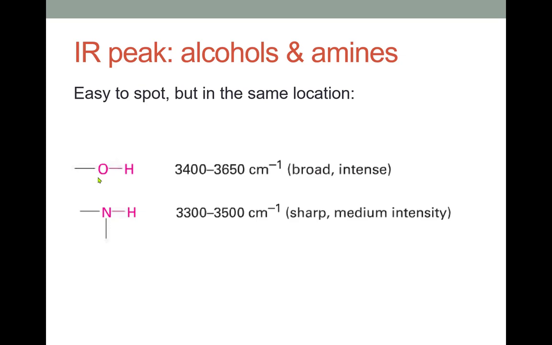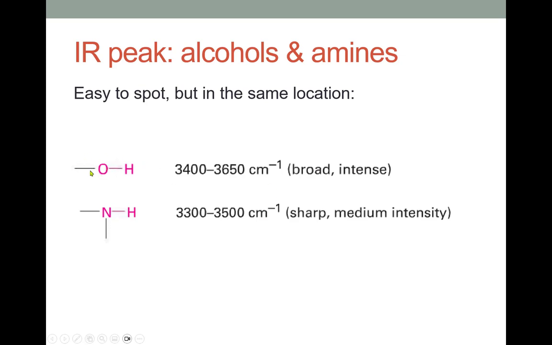So primary alcohols, secondary alcohols, even tertiary alcohols that aren't too bulky, you'll see a broad peak in this neighborhood. If we had a very bulky alcohol, so imagine maybe a tertiary alcohol that has 3 aromatic rings as the 3 substituents on that alcohol carbon, that one would be more of a sharp peak because it can't hydrogen bond very well. It'd still be in the same area, it'd still be obvious, but it wouldn't be as broad.